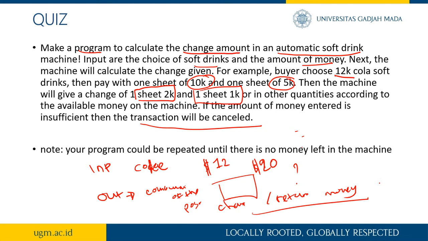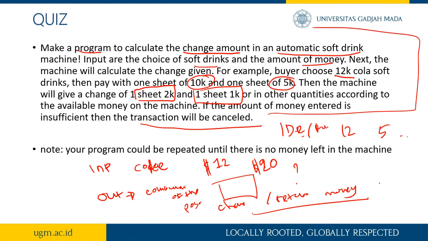We'll make it simple by using just numbers like 12, 5, etc. But we are using IDR or rupiah here. So just think about the money in Indonesia, like we have 2,000 and then 20,000, etc.